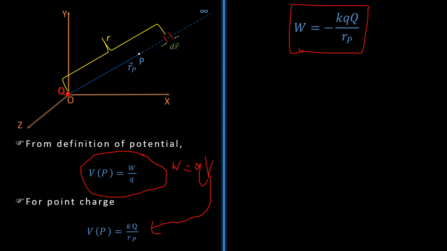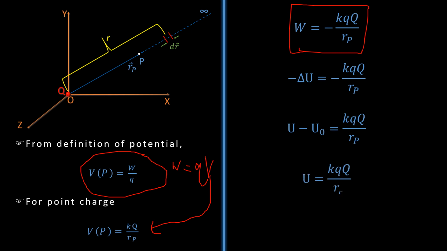So now I know that W is minus delta U, so substituting the value, we get this. And as I explained, U0 has vanished here. Where did it go? Because the work done is from infinity, so U0 is 0. For this case, not always.